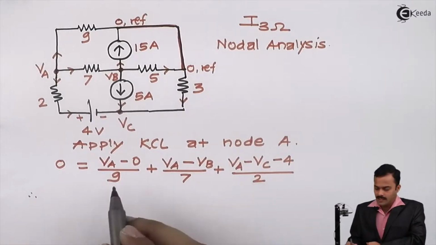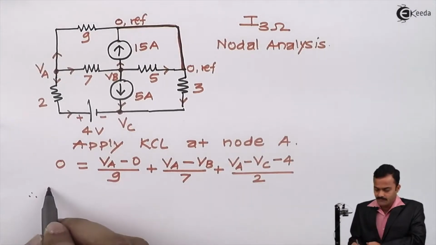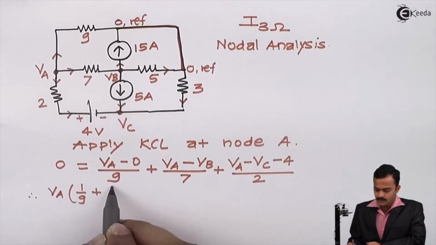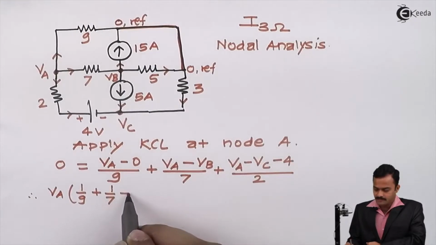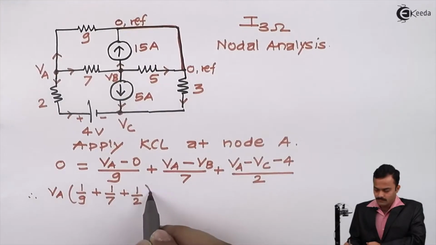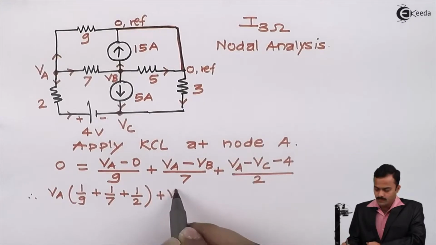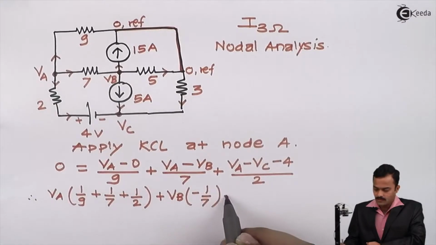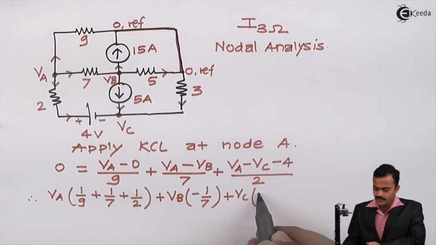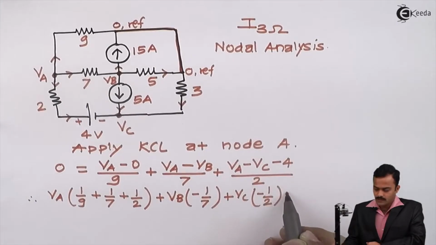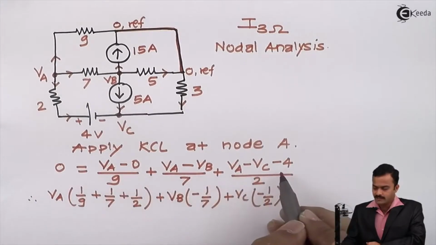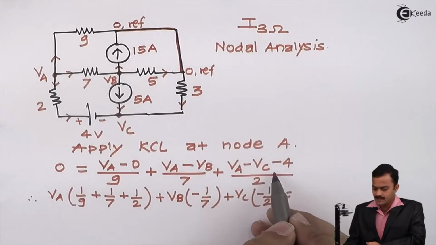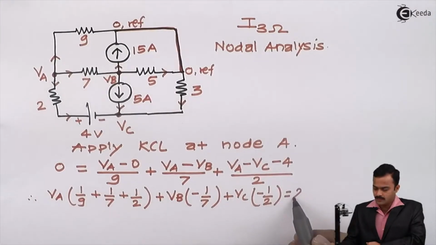So therefore I can rearrange the terms and I will get finally VA times (1 by 9 plus 1 by 7 plus 1 by 2), plus VB, coefficient of VB is minus 1 by 7, VC, coefficient of VC minus 1 by 2, equal to the constant in this equation, minus 4 by 2, which is minus 2, but taking it to the other side of the equation, it is plus 2.